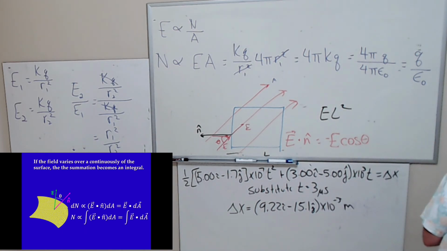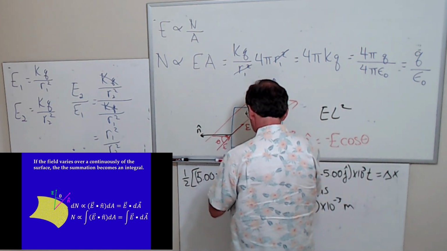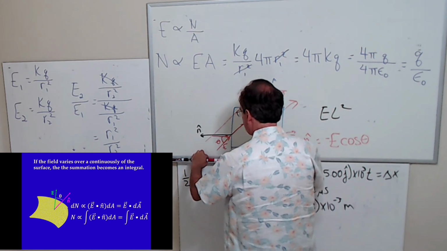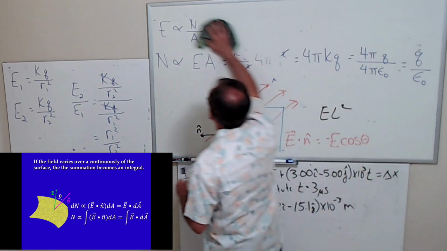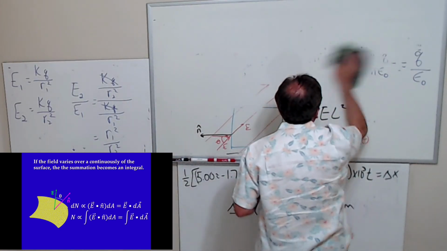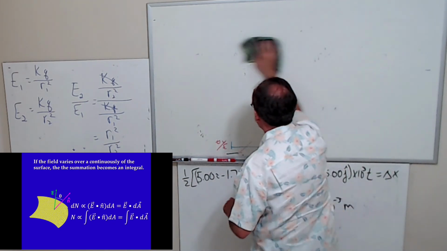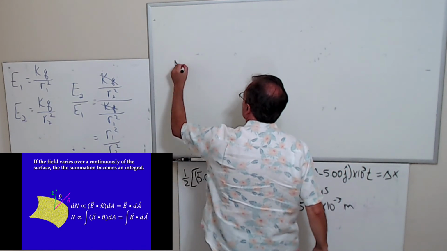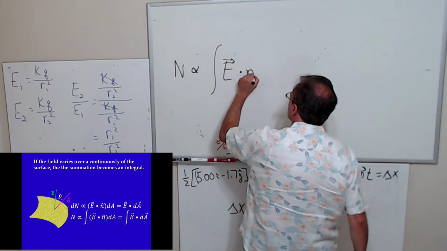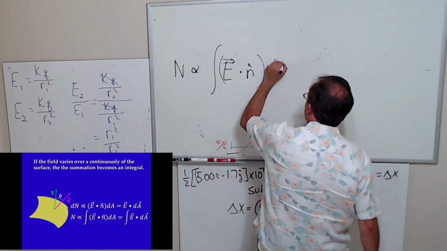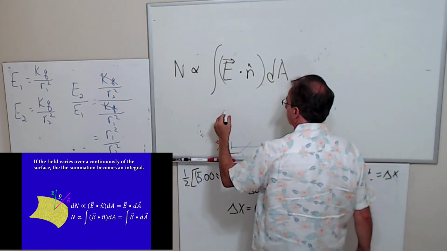So going back here, the number of lines passing through the surface in general is proportional to the integral of E dotted with a normal to the surface dot dA. And like I said before, if this is constant over the surface, I can pull it out.